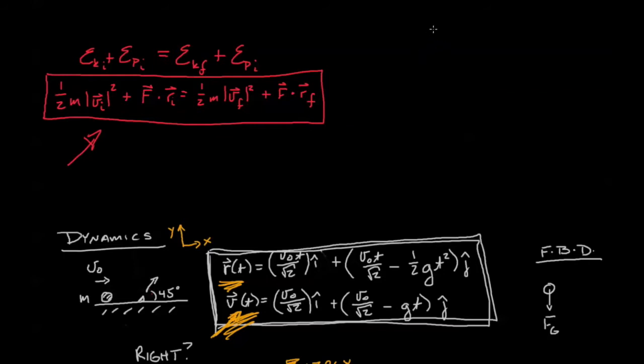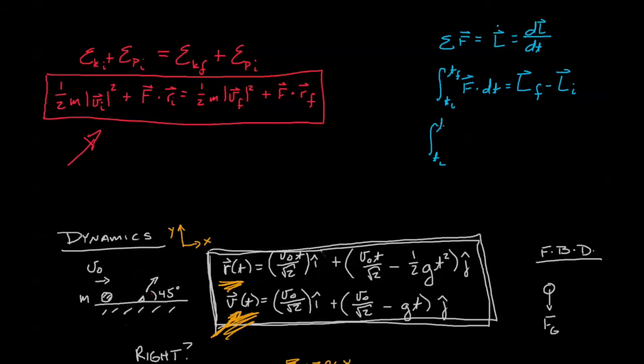Let's take a look at momentum. We know that the sum of the forces equals the change in momentum. So another way to rewrite that would be the integral from the initial time to the final time of f dt is equal to the final momentum minus the initial momentum. So one more step for this one is going to be from the initial time to the final time, and we know what that force vector is.